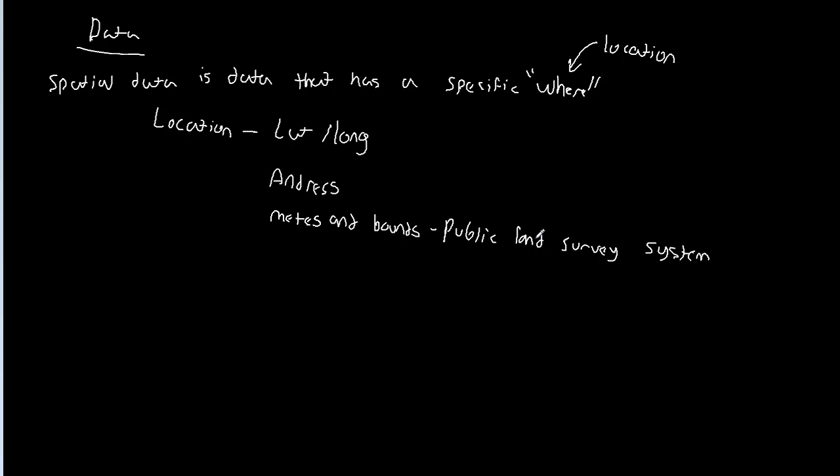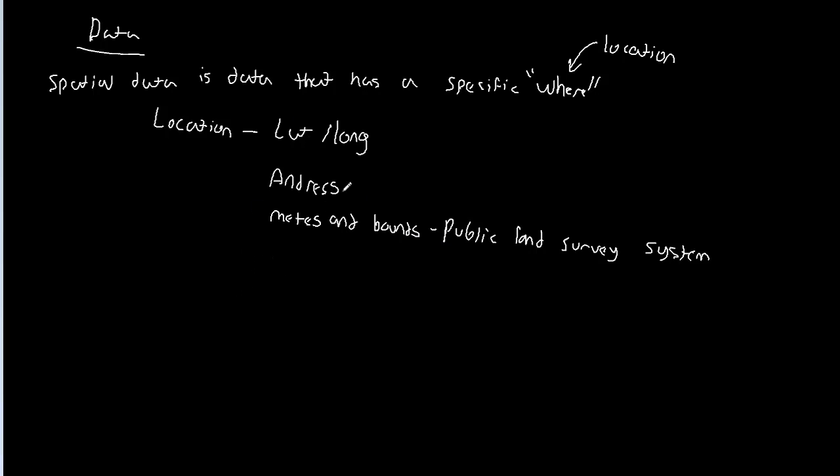The way this works, in case you're not familiar with it, is you have a defined starting point, and then you describe distances and directions from that starting point to get to the end point. It's similar to an address in a lot of ways, but you have a defined starting point, and then you describe your way along a path to get to the end point. That's metes and bounds.